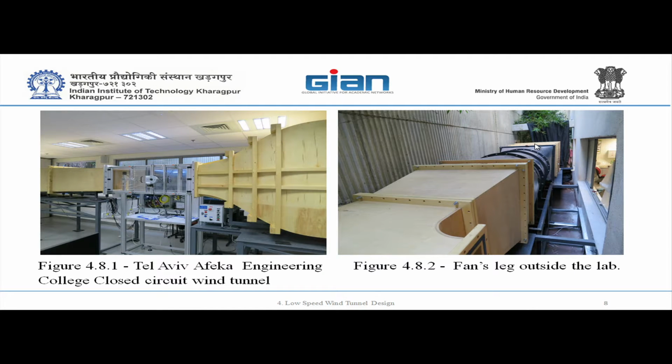Next section, we are going through components of a return circuit wind tunnel in general. Some of them we have mentioned already, most of them. Let's see if we missed anything.